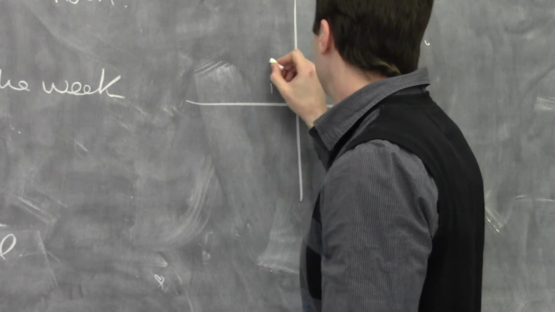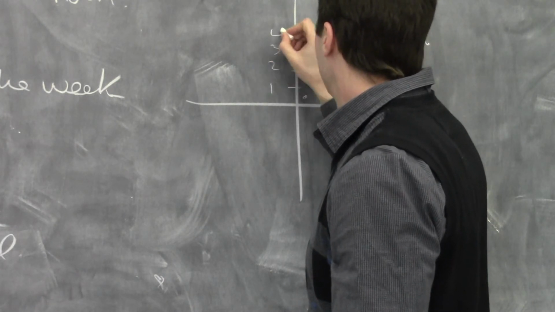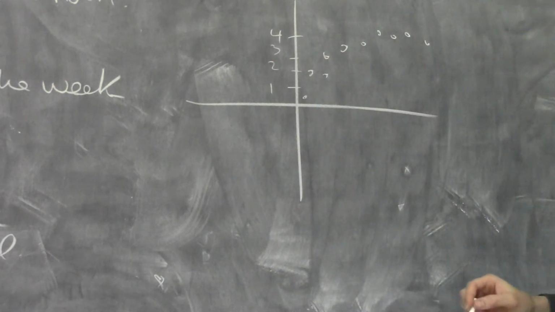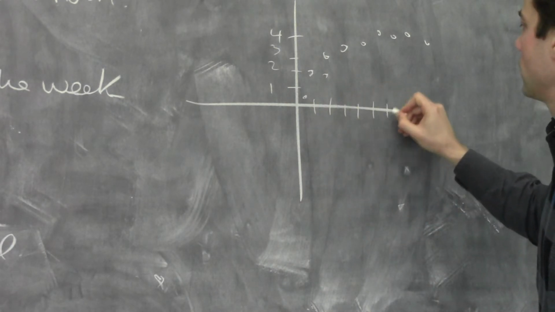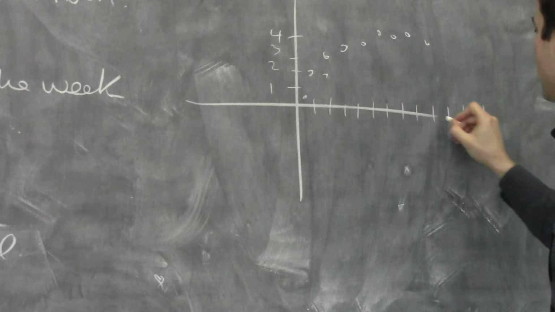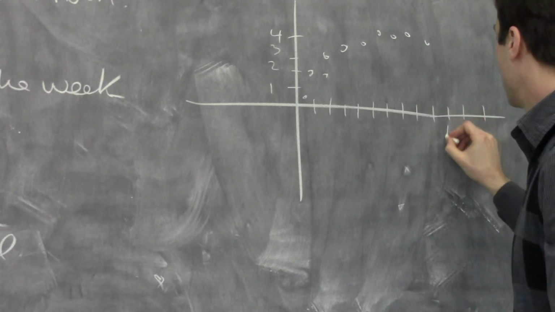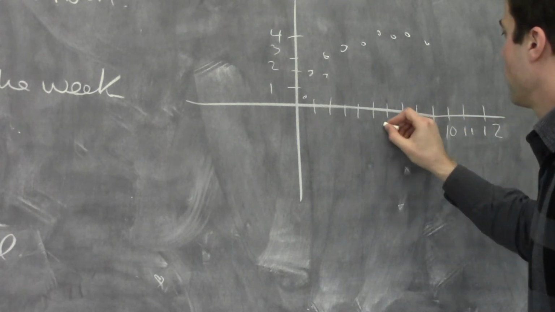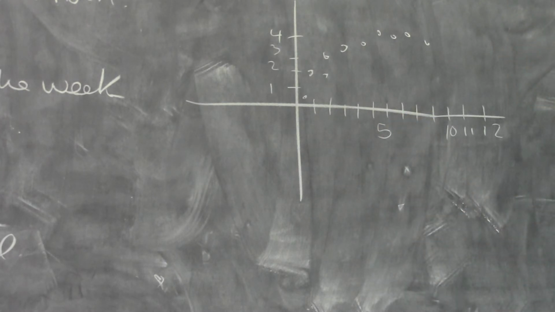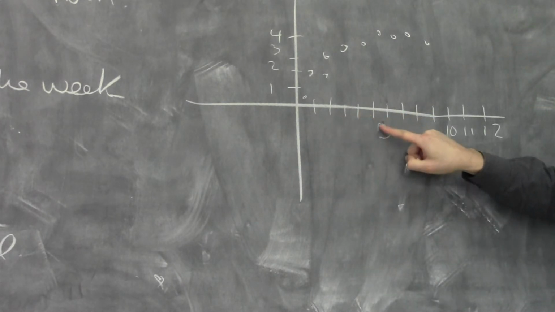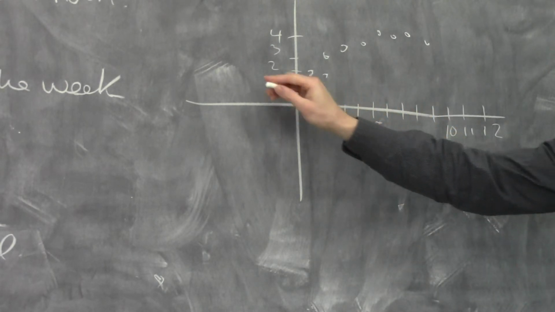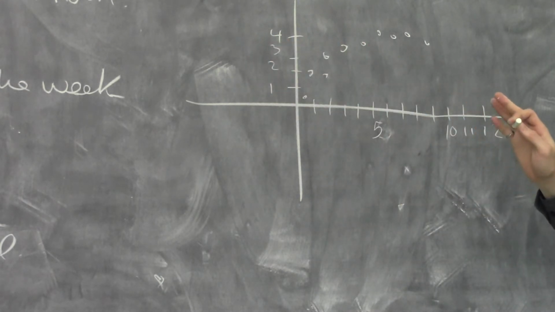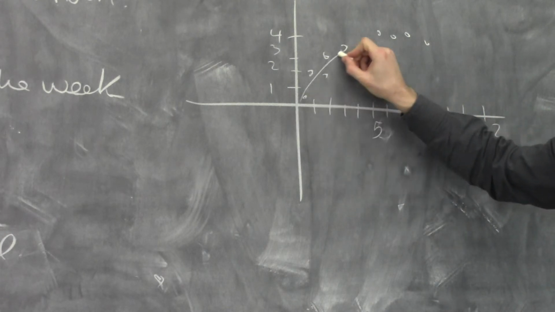This is 1, 2, 4. Okay, so we have a graph like this. You're going to plot this out in the homework. Then you're going to draw a line of best fit.